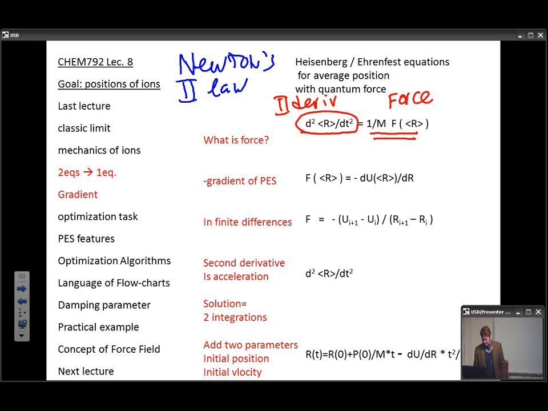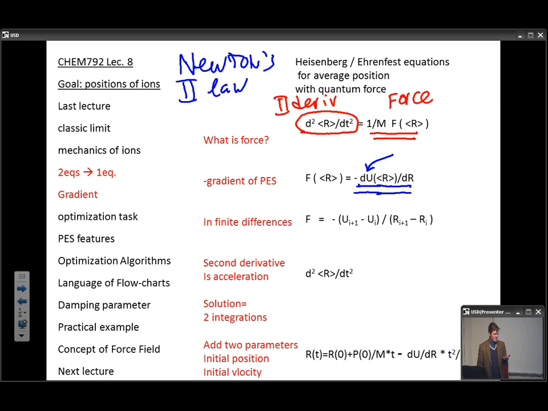And this force, we can use our potential energy surface, which either comes from the electronic part of our equations, we can solve and find this potential energy surface, or take it from parameterization, and then we look at the derivative of our potential with respect to the position of the ion.